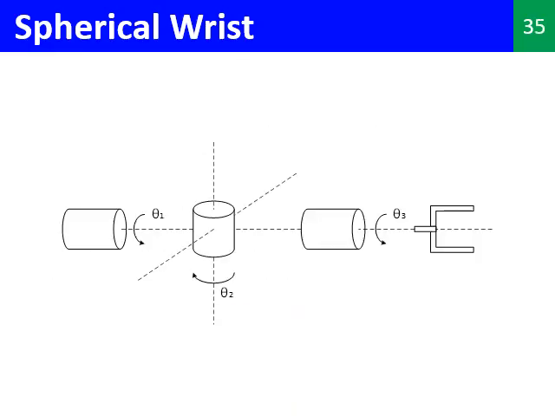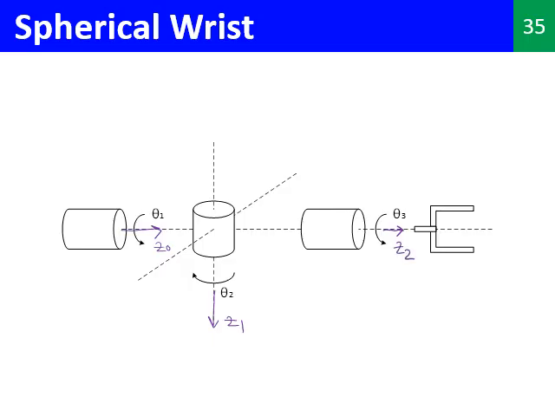We will start frame assignment with the z-axis. So the z-axis would be chosen as the joint actuation direction. Therefore, I would have z0 in this direction, and here I will have z1 downward with the positive sense of theta 2, and next I have z2 in this direction.